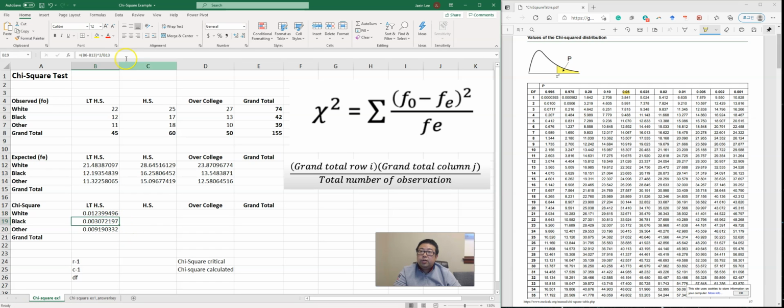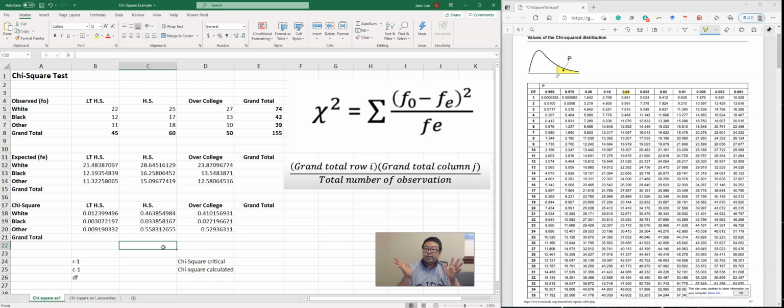Okay, so let me double check. This number, the observed number of the less than high school African American, minus the expected frequency of the less than high school African American, then squared and divided by the same number as expected frequency. So we can apply those calculations.